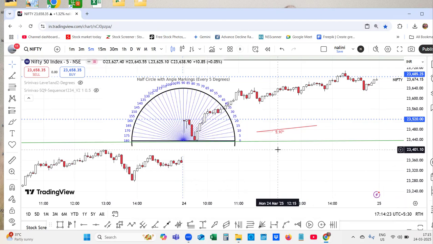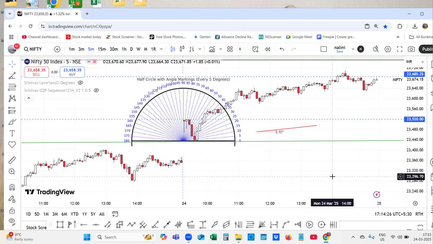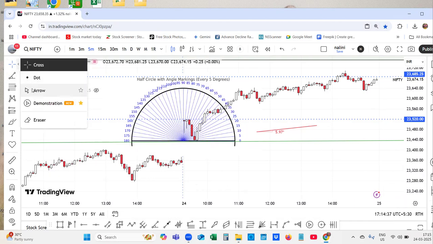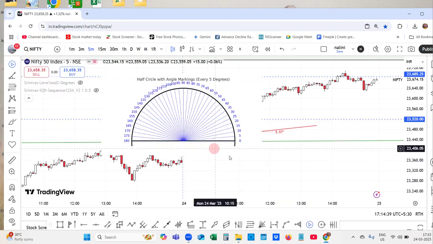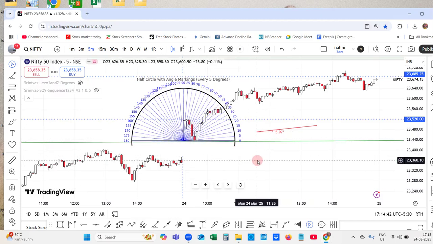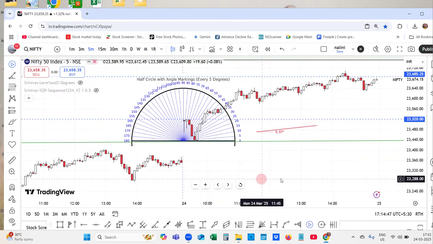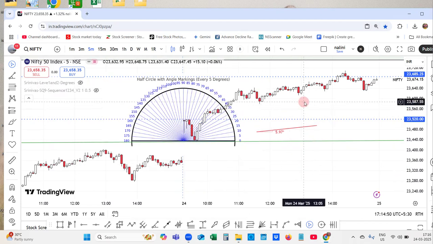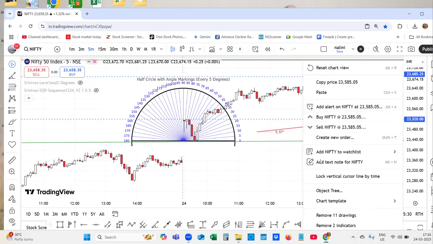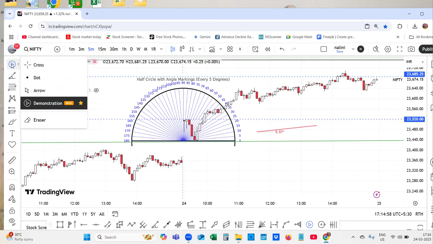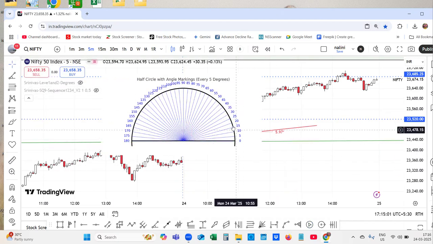Around 5 degrees, 10 degrees itself, there is a reversal you can see over here. I'm not able to show the pointer. Okay, it started moving like this, and see, the angle never changed. Let me go back and use the cross itself.